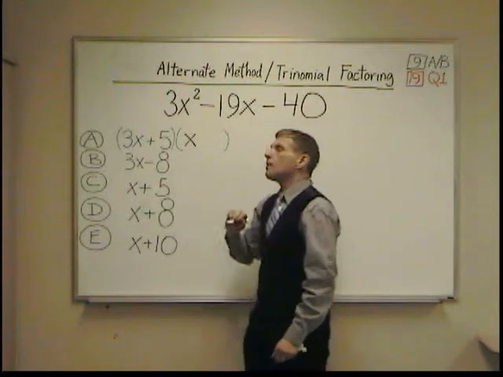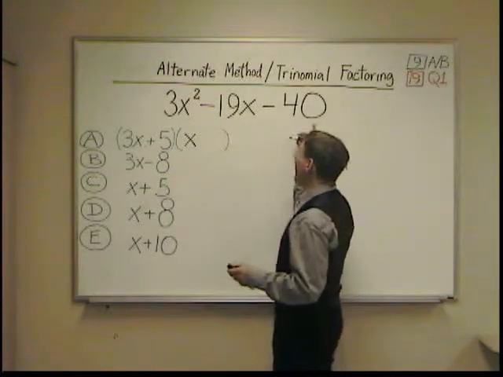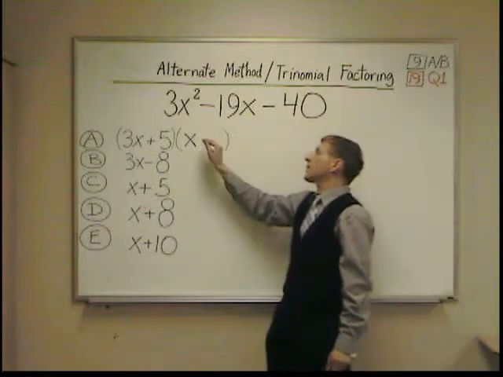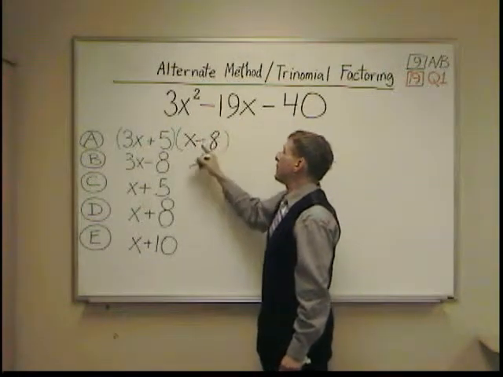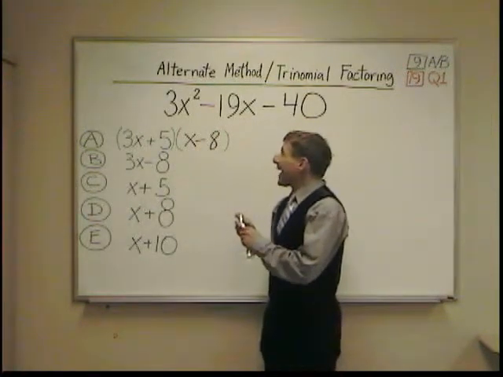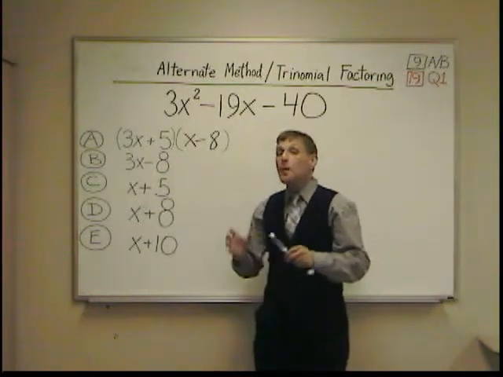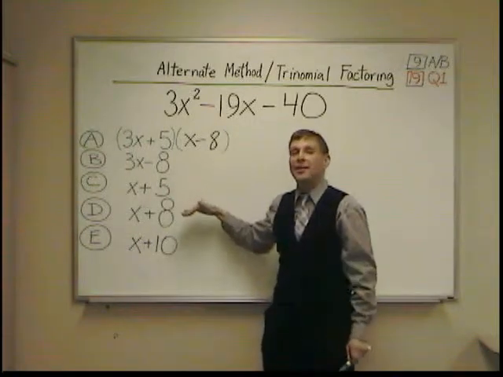And what multiplies by 5 to give me 40? 5 times 8 would give me 40, and it's a -40, so the signs would be unlike, and so this would be negative because this one is positive. What I'd like to do first, before I go ahead and FOIL, is create the FOIL setup for each choice.